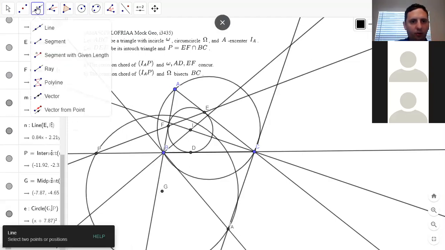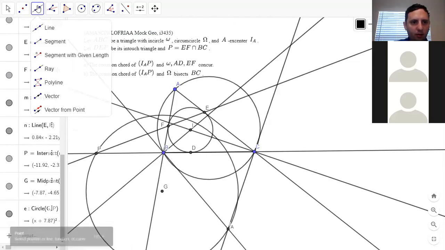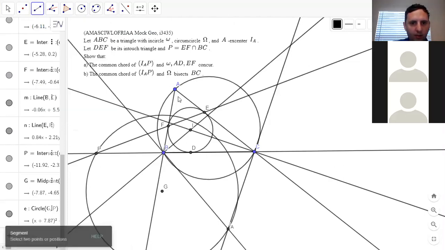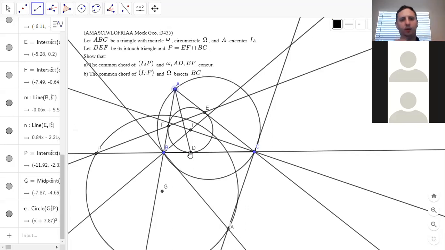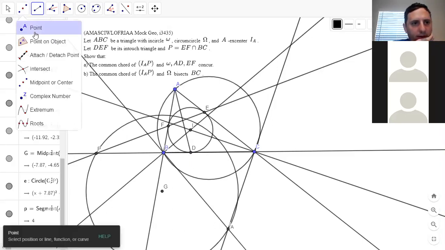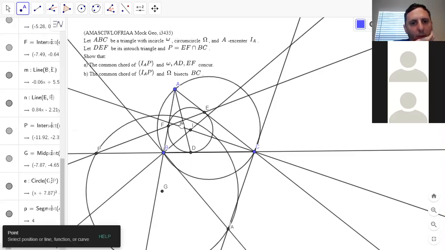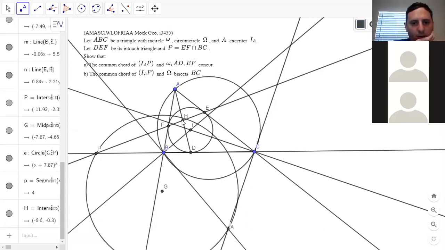Okay, so we want to show basically if we let AD intersect EF, right, does that look right? Yeah, if we let AD intersect EF, we want to show that that point has the same power with respect to the incircle.